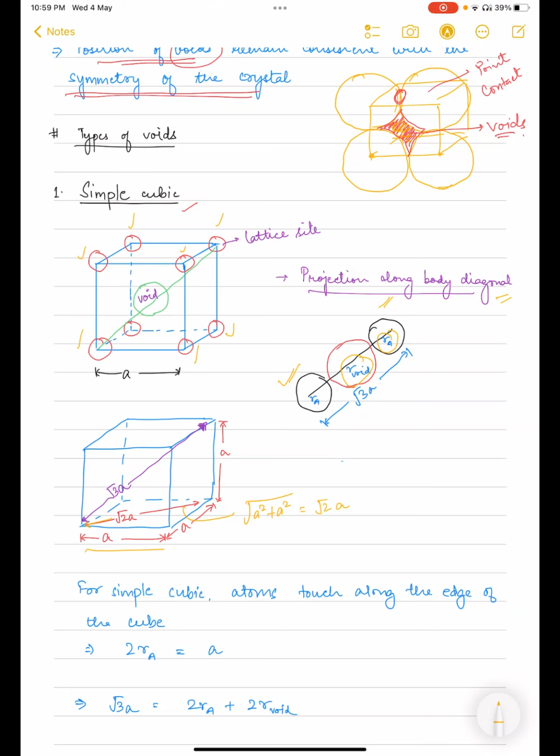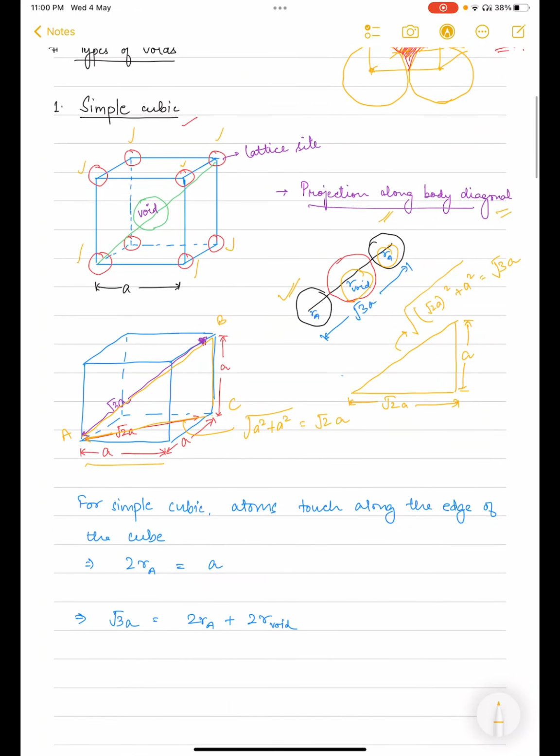So for the body diagonal, considering this triangle ABC, if I draw it here separately, this is the face diagonal, so this will be root 2 a. This is the edge of the cube, this will be a. So this hypotenuse will be the square root of 2a squared plus a squared. So this gives me root 3 a.